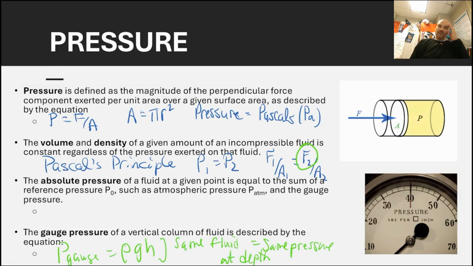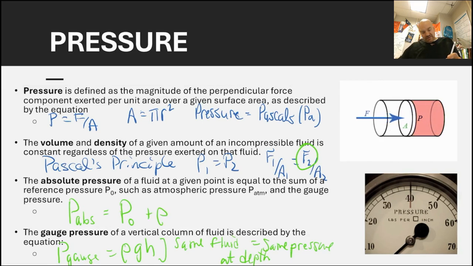So you can have a pond or a lake, put that lake water into a bathtub, and regardless of how much volume you have, it'll have the same pressure, 10 inches down, a foot down, a meter down. Okay, and then if we go back up to the absolute pressure, what we're saying is that it's going to be some sort of reference pressure plus the gauge pressure at that height.